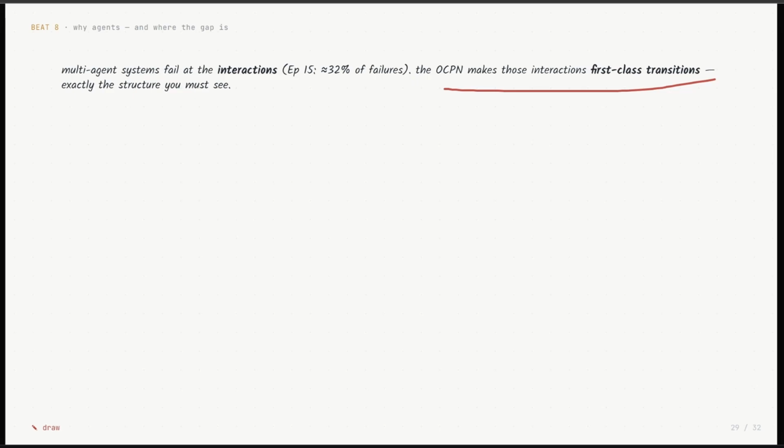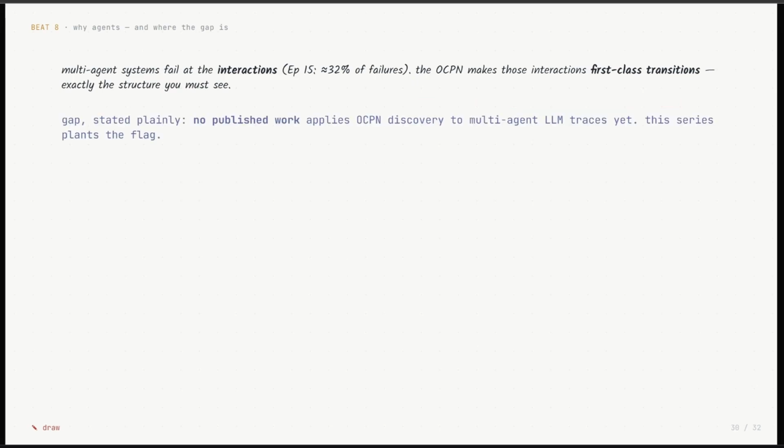So it's basically the structure that you must see. And here it would show you the exact places where the system is breaking, because you have your conformance, you would know when these interactions are not working. And the problem is that there is no published work that applies object-centric Petri net discovery to multi-agent LLM traces yet. So this series, we are talking about it.